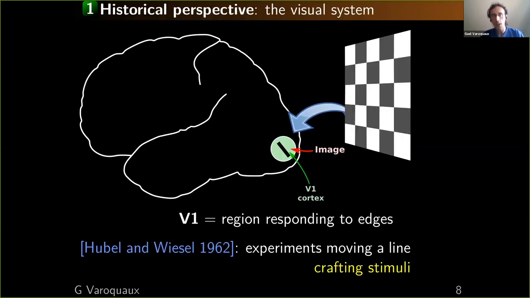And so standard analysis, and more than standard analysis, a long history of work in neuroscience, has come up with conceptual models, such as that of the visual system.